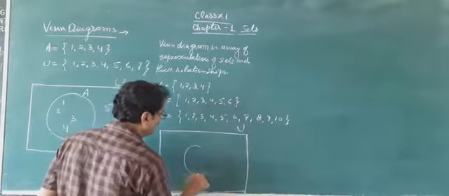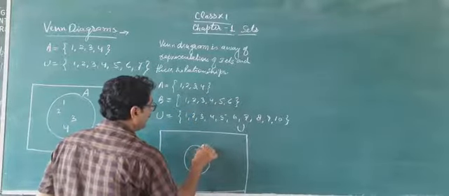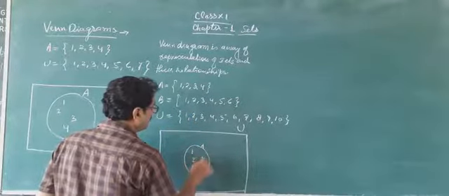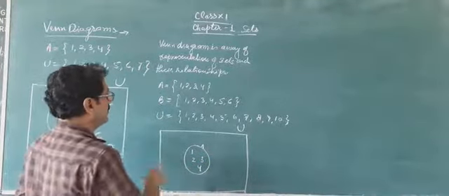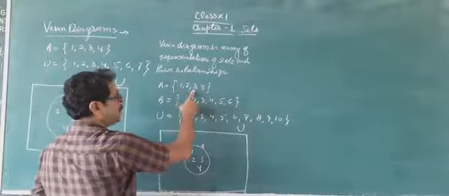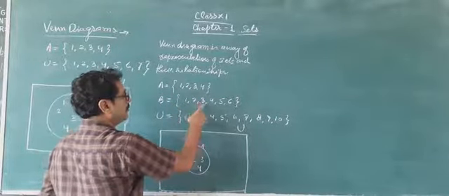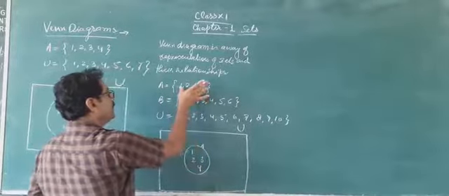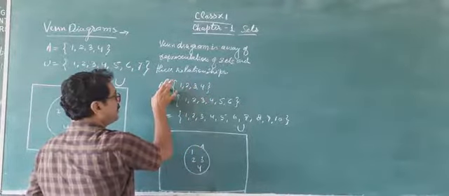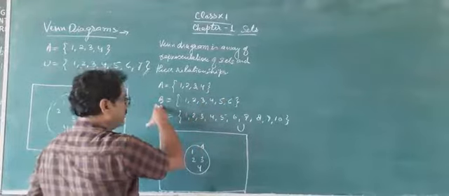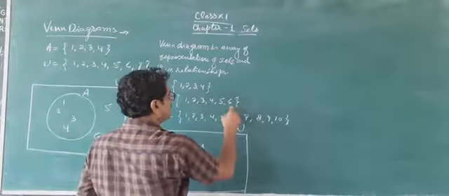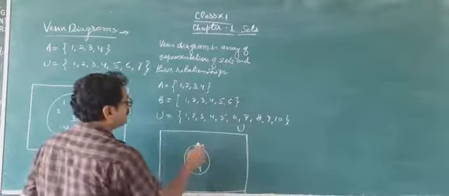We see that all these elements of A belong to B, and 5 and 6 are extra elements.